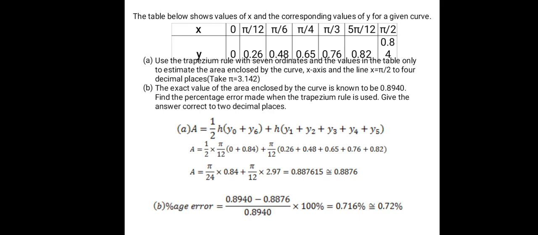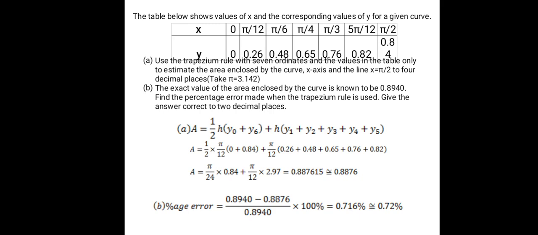The table below shows values of x and the corresponding values of y for a given curve. Use the trapezium rule with 7 ordinates and values in the table only to estimate the area enclosed by the curve, x-axis and the line x = π/2 to 4 decimal places.